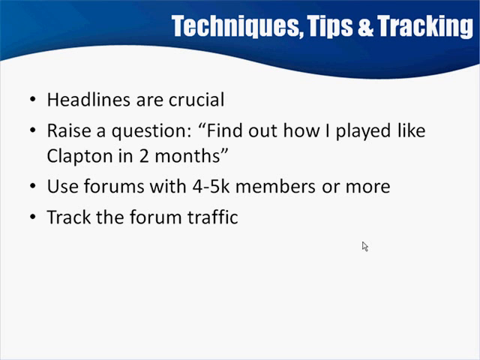Make sure you track the traffic from every single forum. In order to do that, every username that has a signature that you are using has to have a unique identifier so that you know where the traffic is coming from. It would be best if you could correlate that with your keyword identifier, right?